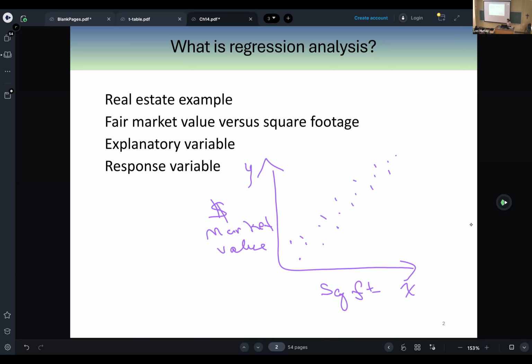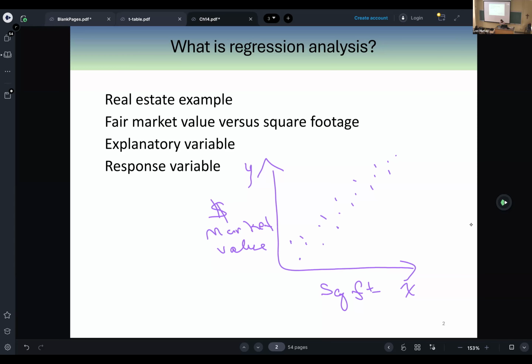Okay, so can the square footage predict the cost of the house? What you're most interested in knowing here is the cost of the house, not the square footage. So the answer to your question should always be the response variable.